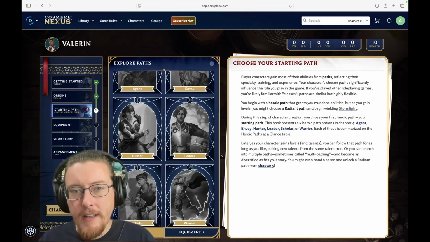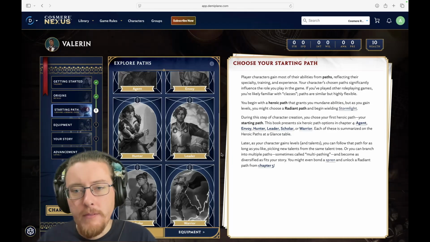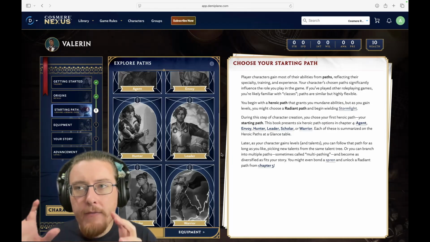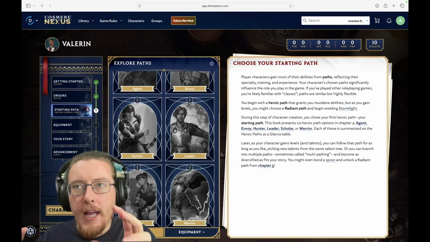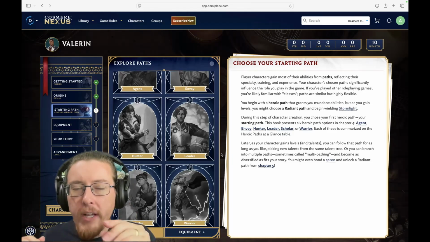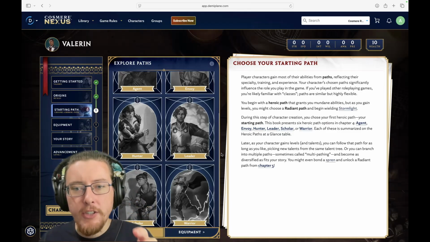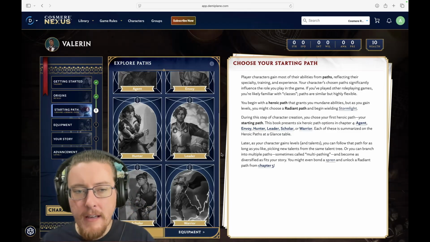That's fine. What that means is that your character has backstory regardless of what you do, right? If you're starting at level 3 and you're choosing to already start as a Radiant, when you choose your level 1 options, you still don't get to choose Radiant. You have to choose one of these paths.